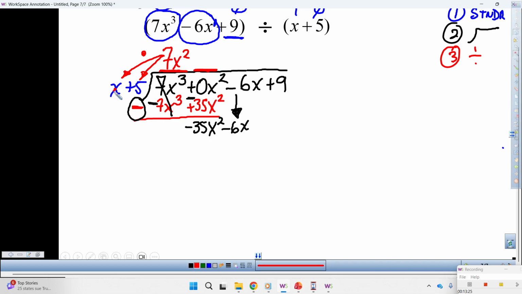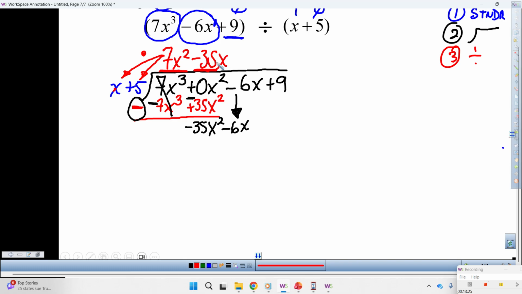What number times x gives us negative 35x squared? Tell your neighbor, please, and then German's going to pass someone. What number? All right, German, pass someone. Carlos.